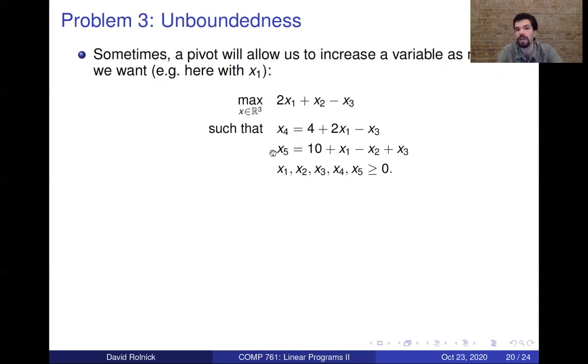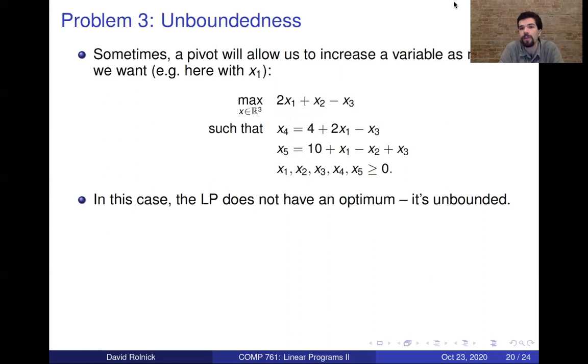We increase x1 here, we can keep on increasing x5 as much as we want. There isn't a way to do the pivot because there is no bound on how much we can increase x1. In that case, we end up with an unbounded linear program. There is no optimum. So it's feasible, but it's not bounded.